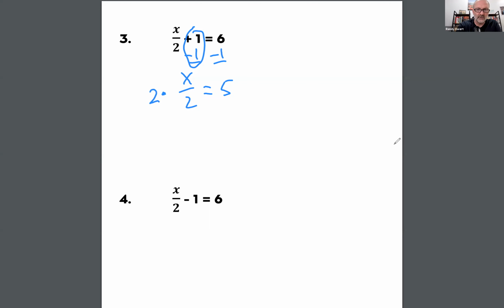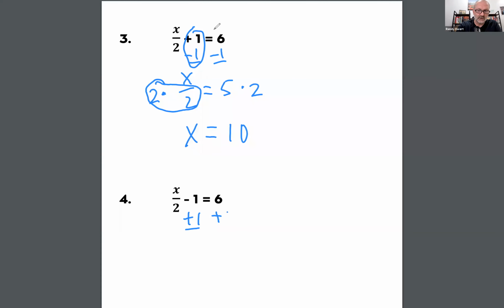I want to get rid of the 2 because the 2 is what's next to the x. So I'm going to multiply by 2 because it's already a division. But then I have to multiply the other side by 2. 2 divided by 2 is 1. 1 times x is x. And then 5 times 2 is 10. And now we're done.